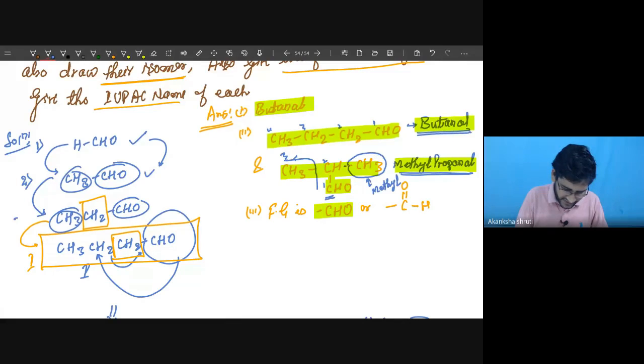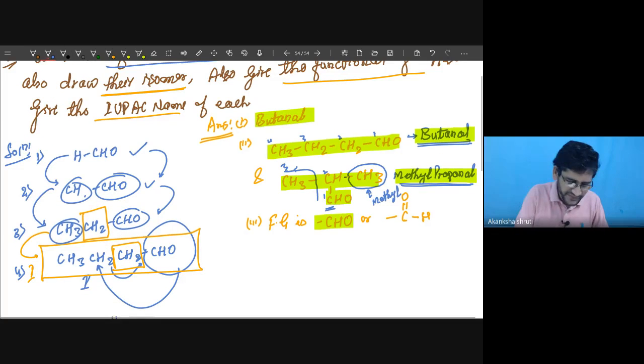They are the succeeding. From first to second, it is also CH2. How? From here to here, one H is here, then it becomes CH2. So exactly every time the successive member differs by CH2 only.